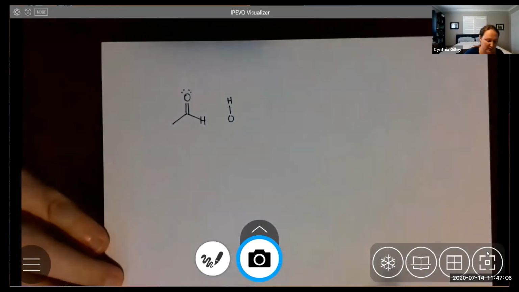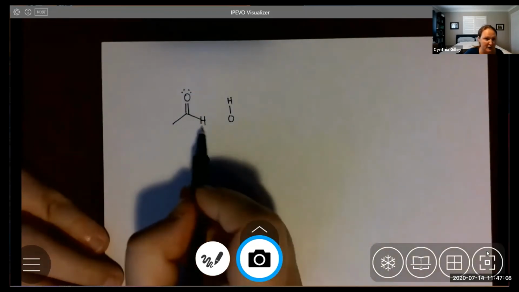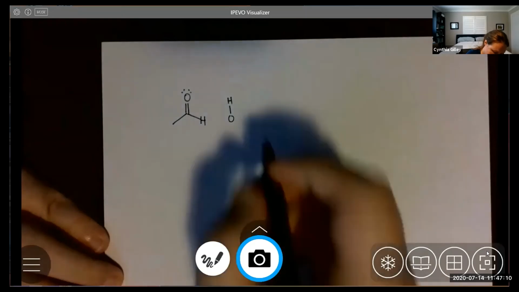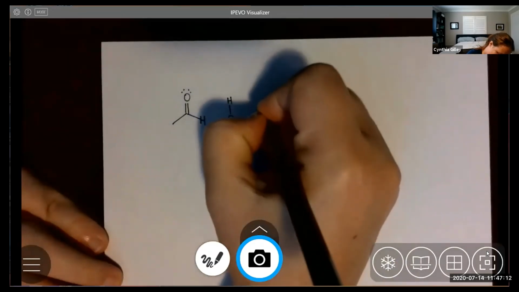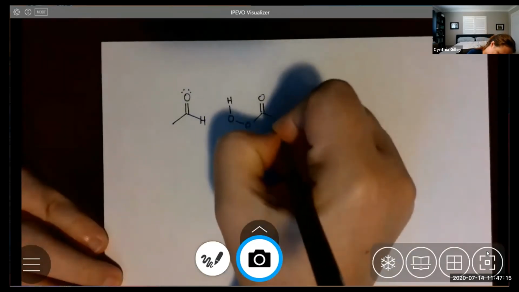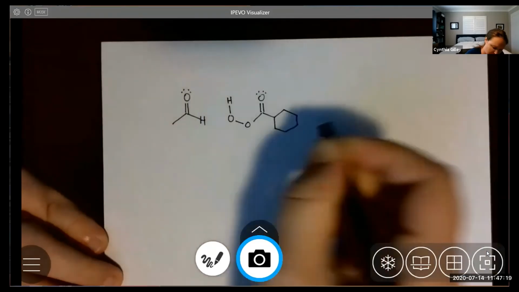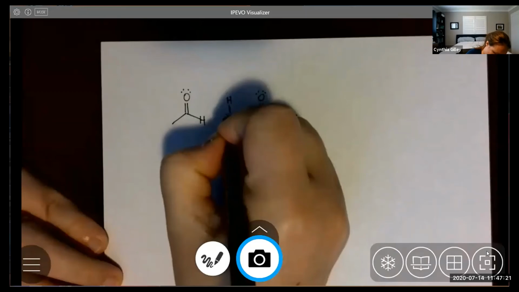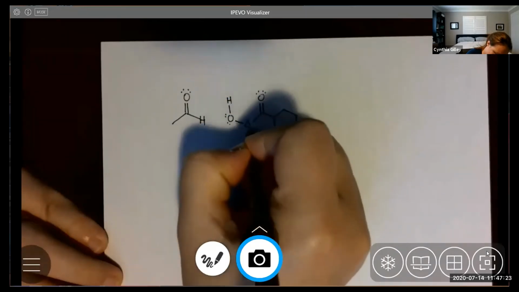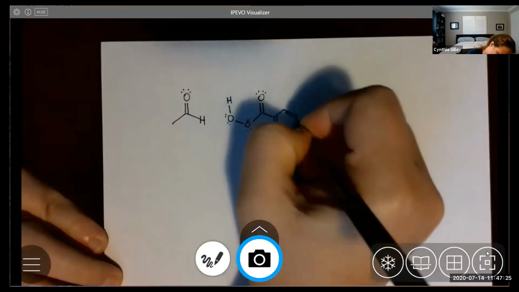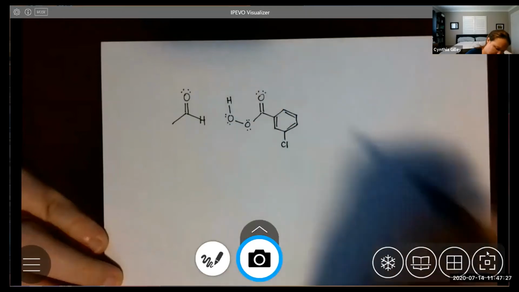And I think in the book you probably see R's, like R1 and R2. This is just a specific example. I'm just going to use MCPBA, but it could be any R group before the peroxybenzoic acid. But we'll just use the most common, which is MCPBA.